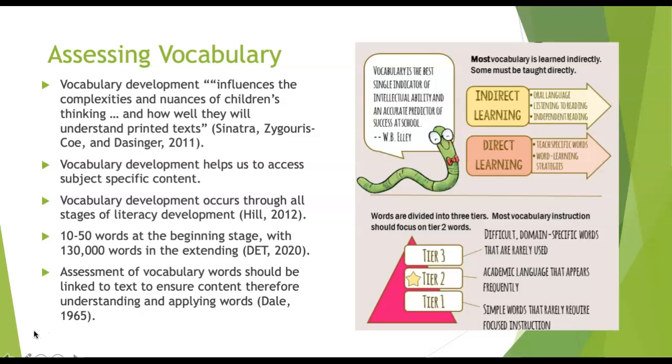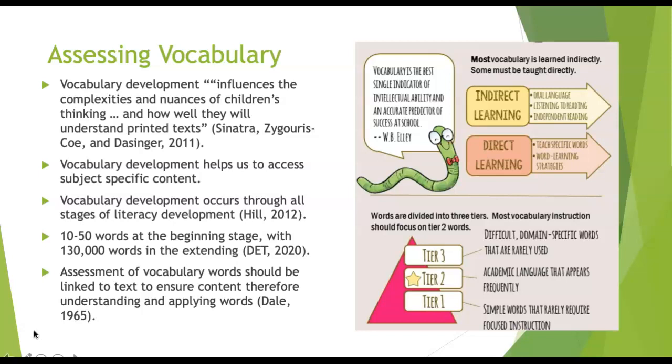Vocabulary development influences the complexities and nuances of children's thinking and how they will understand printed text. Sinatra, Barusco and Daysanger, 2011. Vocabulary development helps us to assess subject-specific content. Vocabulary development also occurs through all stages of literacy development. In the early stages, we have 10 to 50 words, with 130,000 words in the extending.